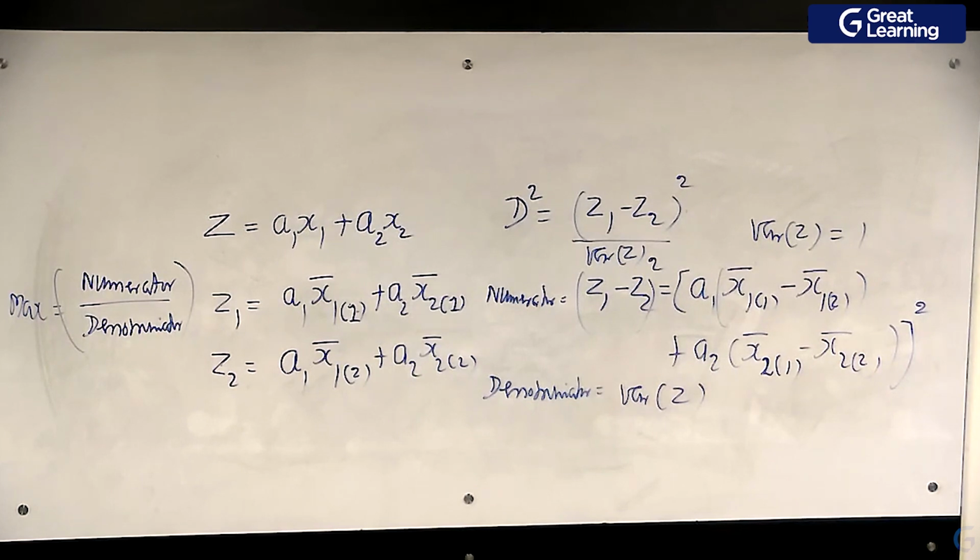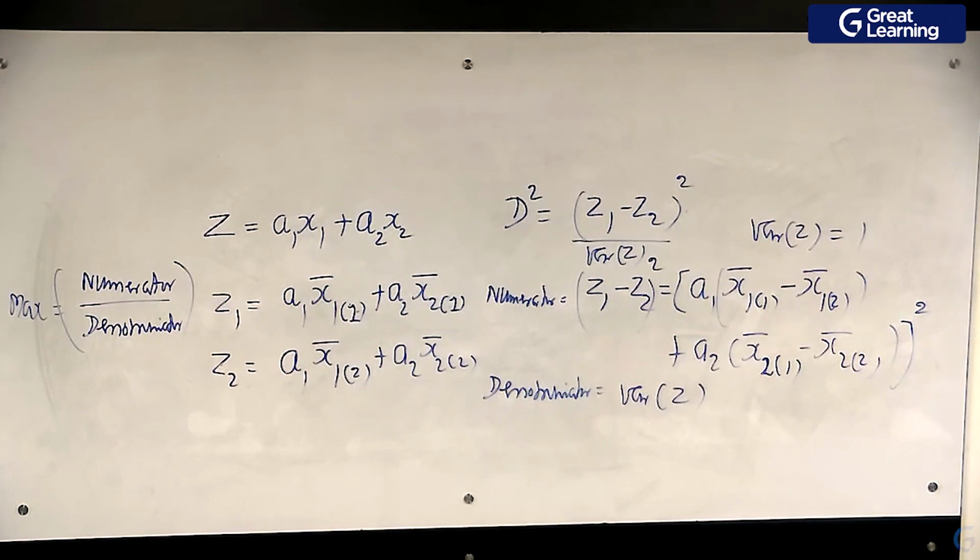Therefore, this ratio will have to be maximum for group separation, subject to the constraint that the denominator, variance of Z, is set equal to 1. This is exactly what Fisher did, by hand in those days, with calculus and Lagrangian multipliers, in 1936. So we will apply this, find the values of A1 and A2, then see how to classify. That's the exercise we are doing.